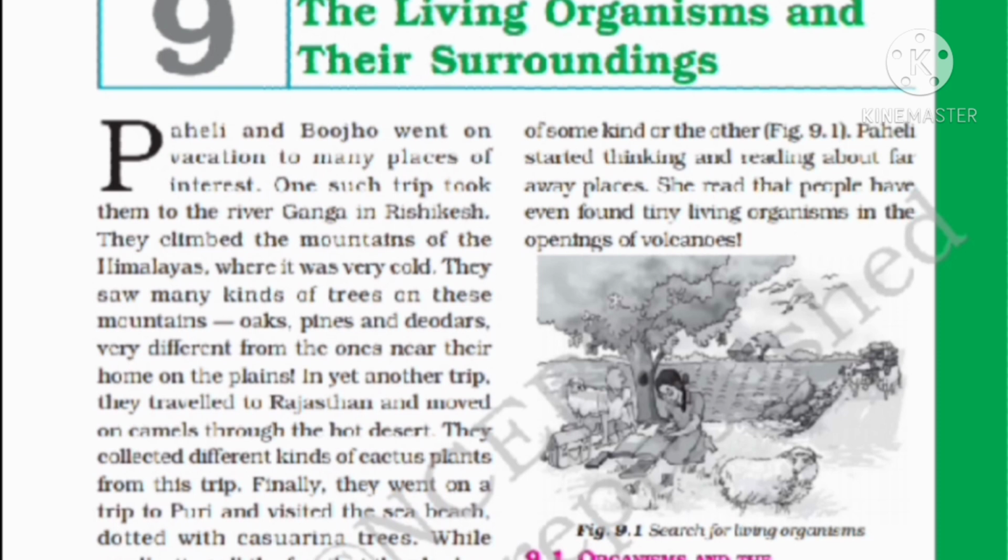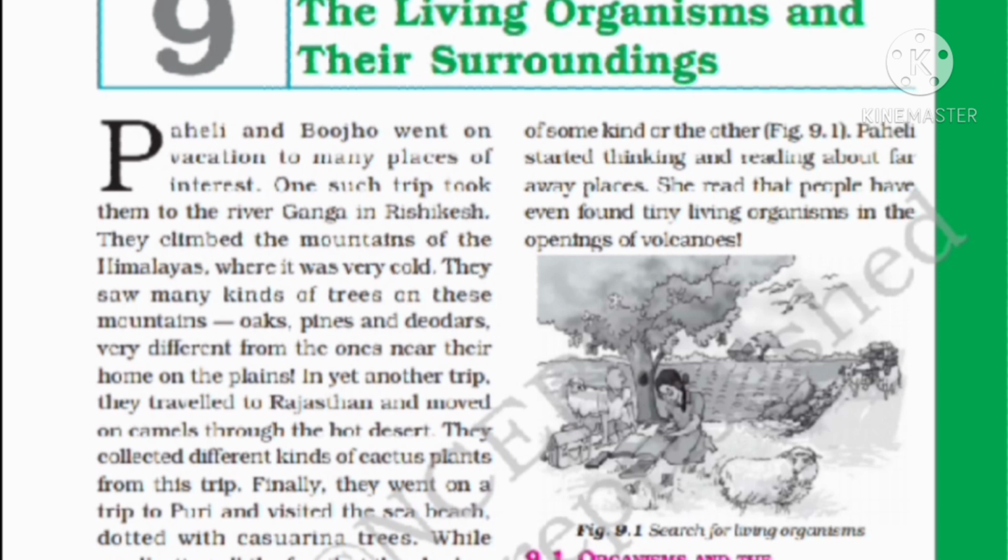Finally, they went on a trip to Puri and visited the sea beach dotted with casuarina trees. On the sea beach there were totally different trees. So they went to three different places where the surroundings, or you can say the habitat, for the trees to survive was totally different.